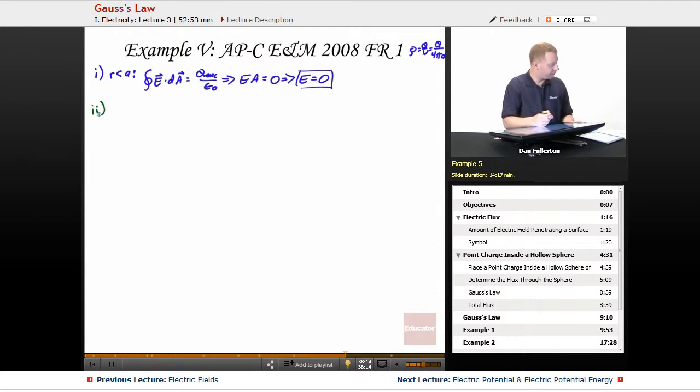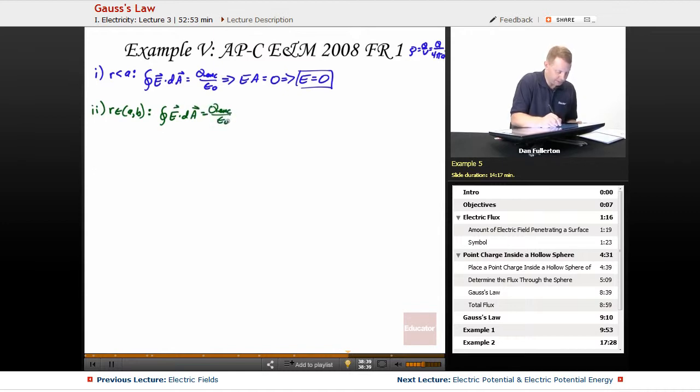Now we're looking at the region between the solid sphere and that hollow conducting shell, or that solid conducting shell, I should say. So here we have R between A and B in that diagram. Now the integral over the closed surface of E dot dA is Q enclosed over epsilon naught.